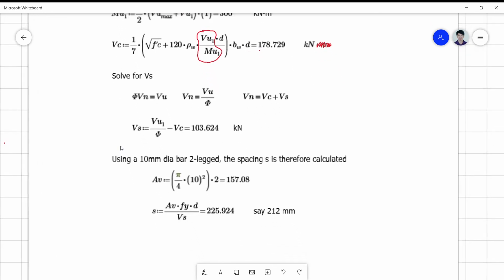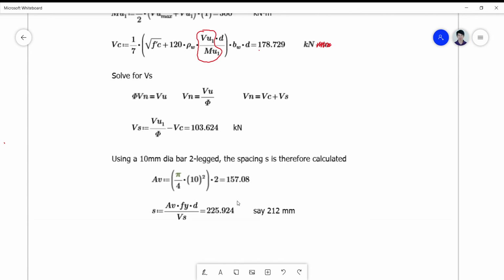So using again a 10 millimeter diameter two-legged bar, the spacing s is therefore calculated on the basis of the formula s equals Av fy d all over Vs. So substituting the new value of Vs here, we have obtained 225.924 as your spacing requirement, rounding it down to the nearest 12.5 millimeter or 1/2 inch.